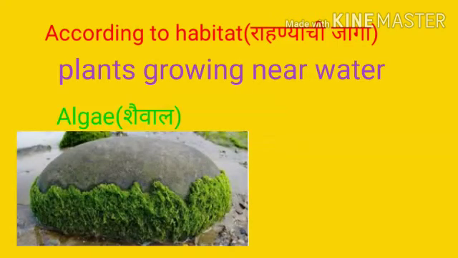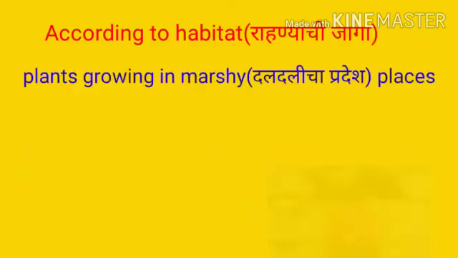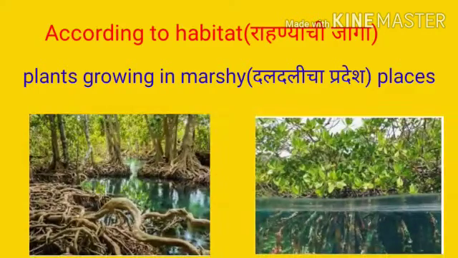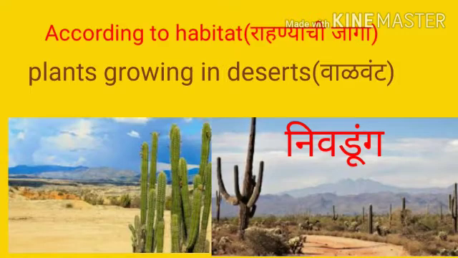The submerged plants, example algae, and the floating plants, example lotus. Third, plants growing in marshy places. Examples are mangroves. And the last one, plants growing in the desert. Example, cactus.